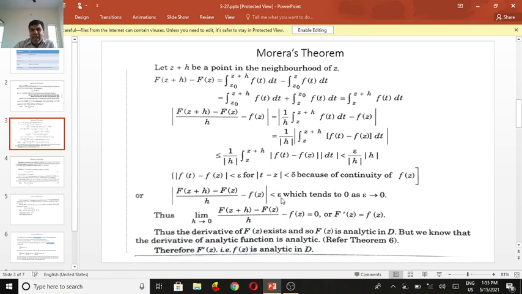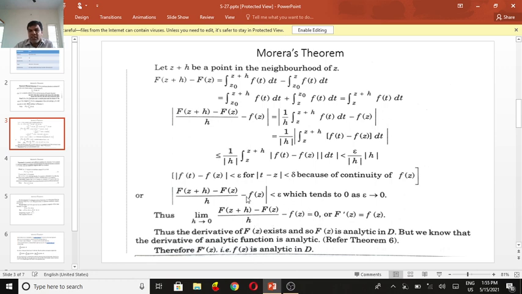That value is less than epsilon, which tends to 0 as epsilon tends to 0. Thus the limit as h tends to 0 of F(z+h) minus F(z) divided by h, minus f(z), equals 0.